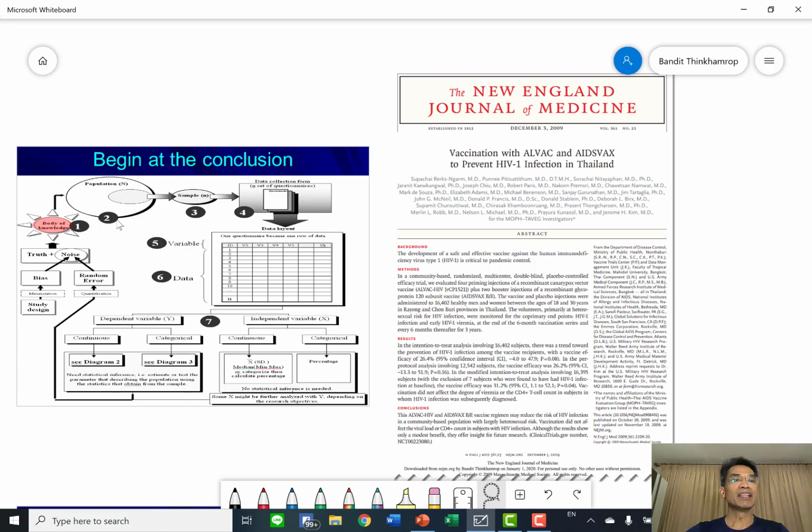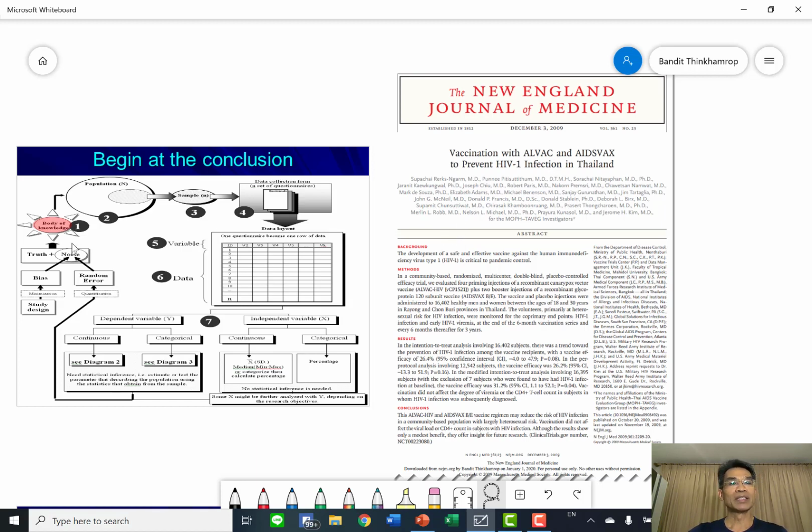By beginning at the conclusions, I put it here. That means in a research, for example, I take a paper from the New England Journal of Medicine, a study conducted in Thailand, to know if the newly invented vaccinations can prevent HIV/AIDS or not.